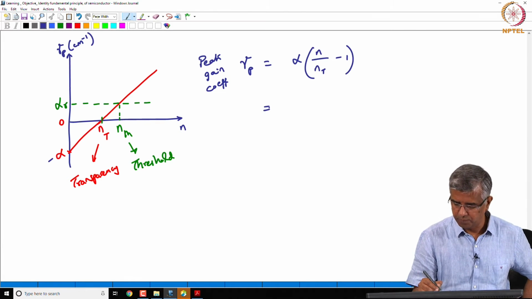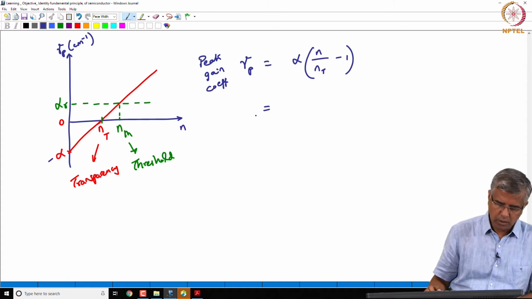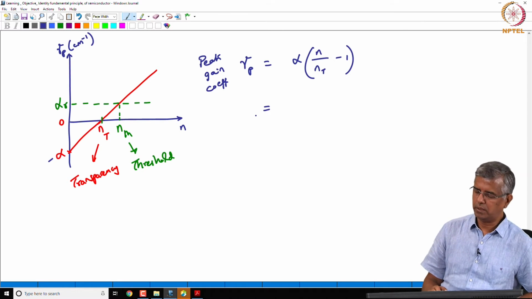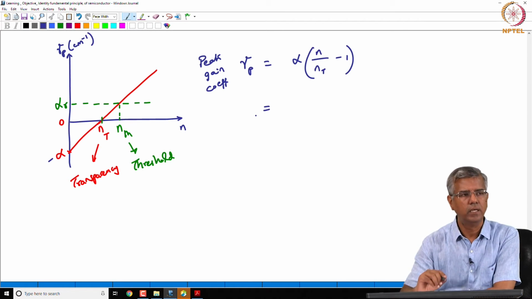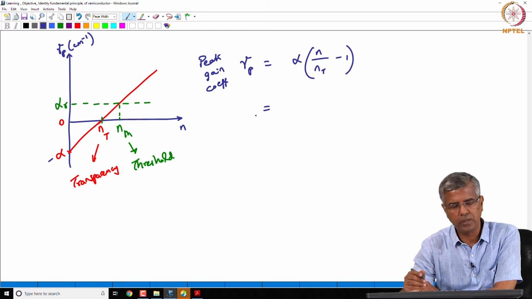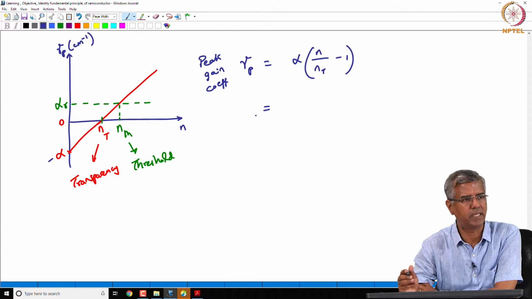That is just a quick check to see that it does indeed correspond to the equation of that line. And we know that the electron density is going to correspond to the current that is injected, or in other words the current density.